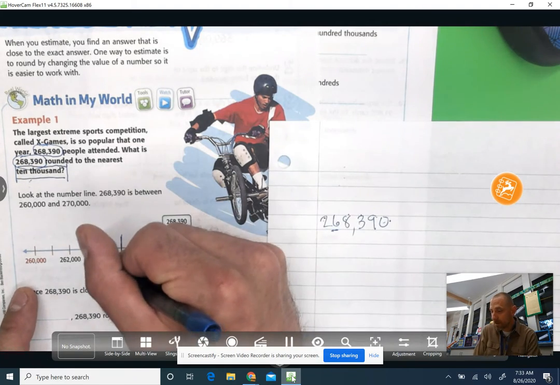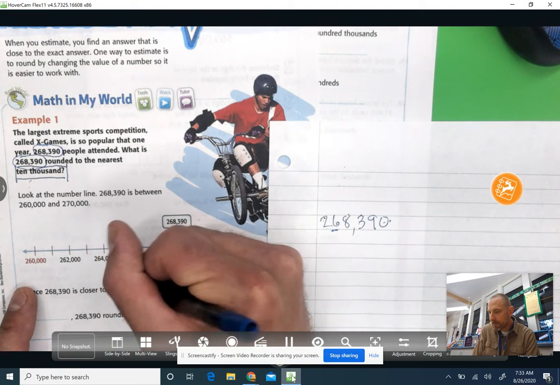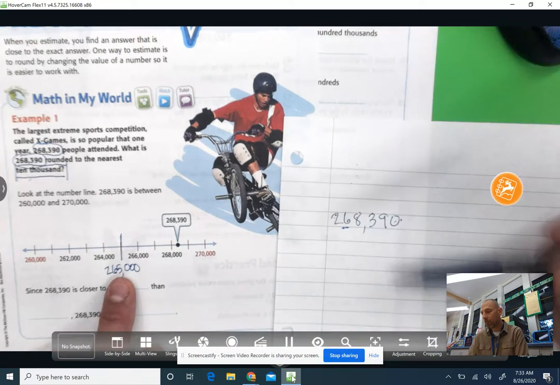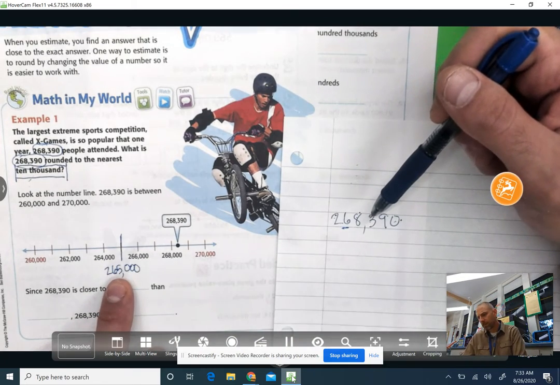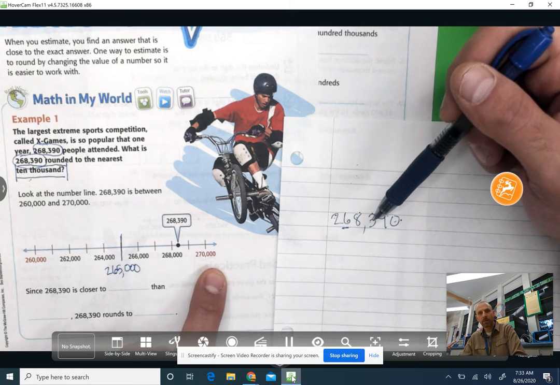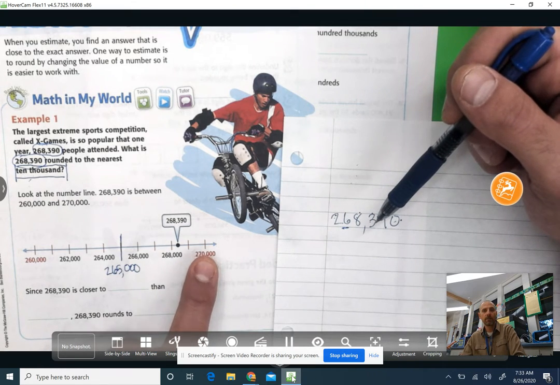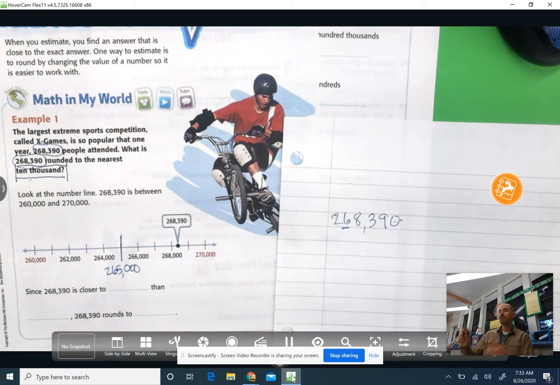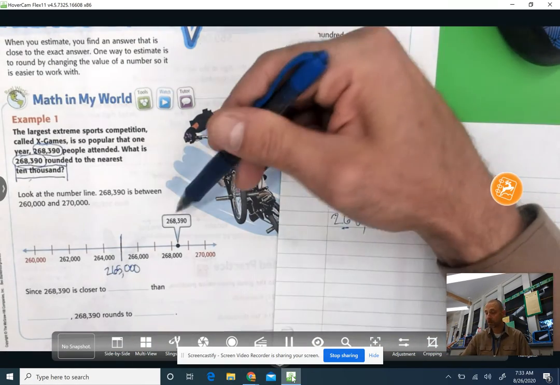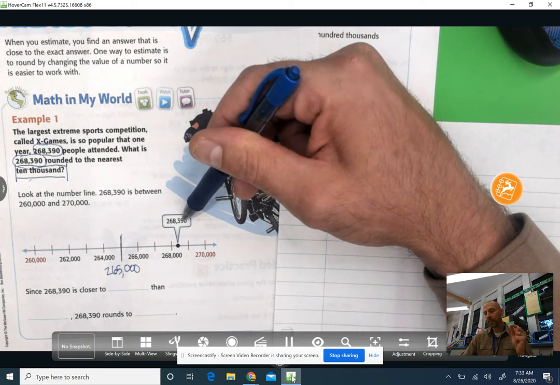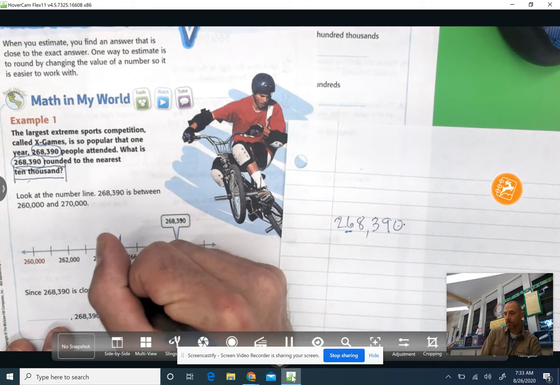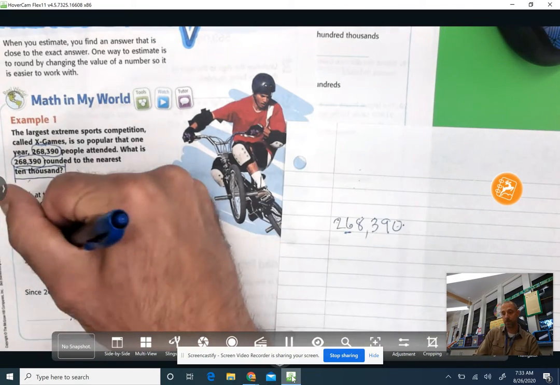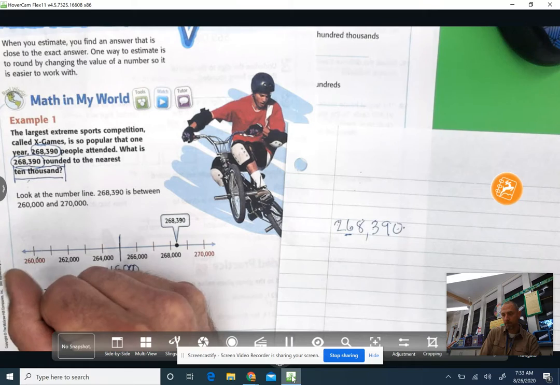And it's 265,000. That is the middle number. And now we can ask ourselves, if the number is more than 265,000, it's going to round to 270,000. If it's less than 265,000, it's going to round to 260,000. 268,390 is closer to 270,000 than 260,000.